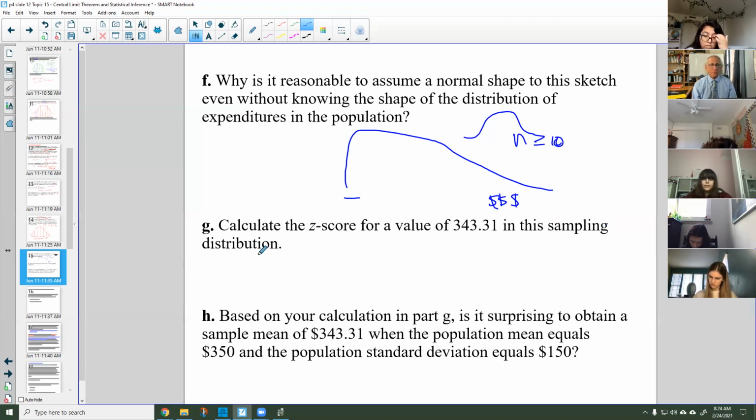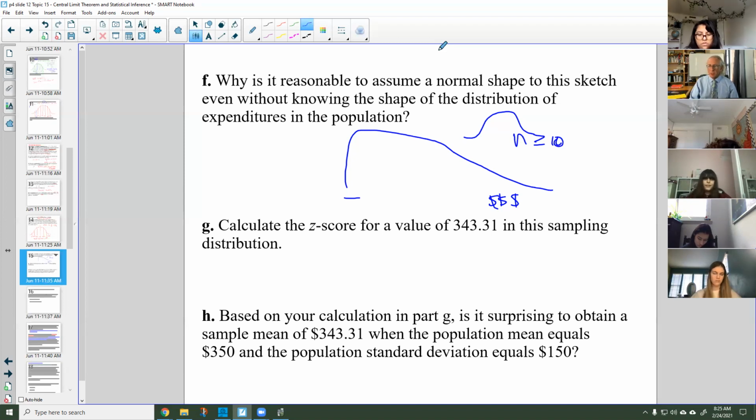So let's calculate a z-score. Michaela, you there? Yeah, hi, Michaela. What formula do I use to calculate a z-score? Can you tell me the formula? Okay. Well, we'll push on here.